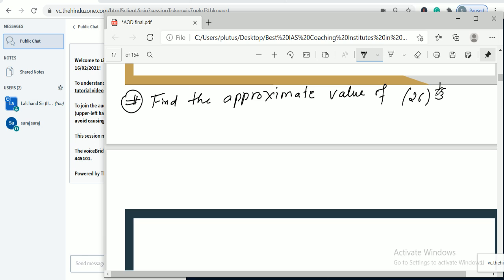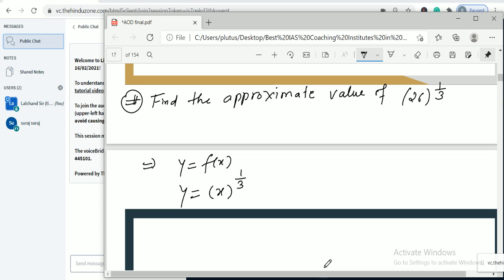How do you find out approximate value? So first we need to form an algebraic equation, a function basically. So what is the function for this cube root? We can write a function y equal to f(x). So this function will be y equal to x to the power 1 by 3. Okay.